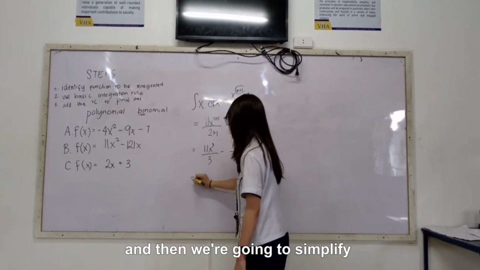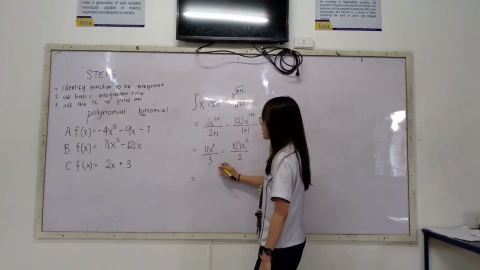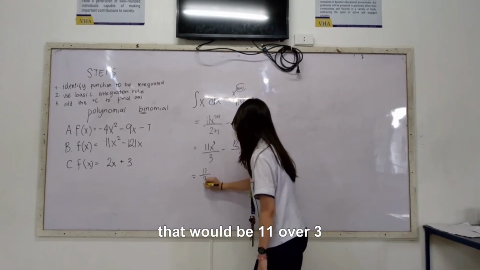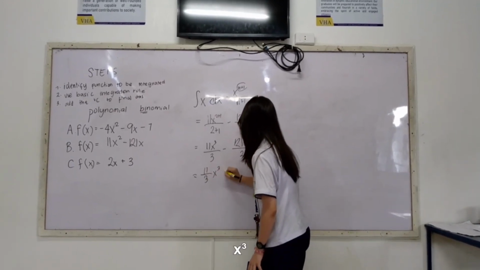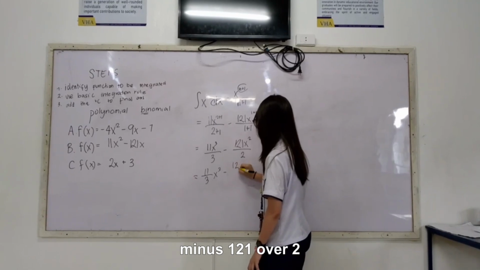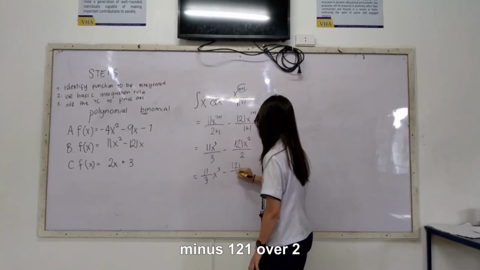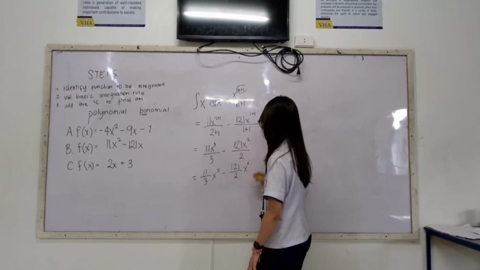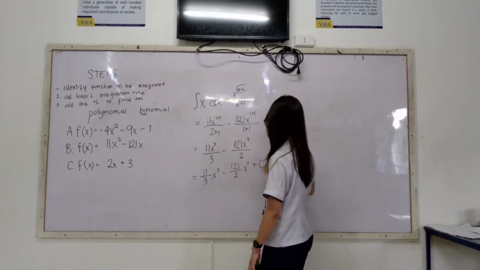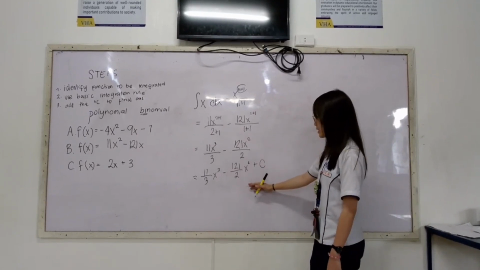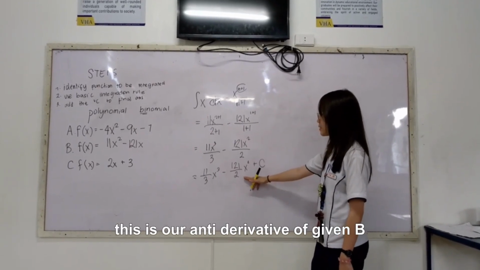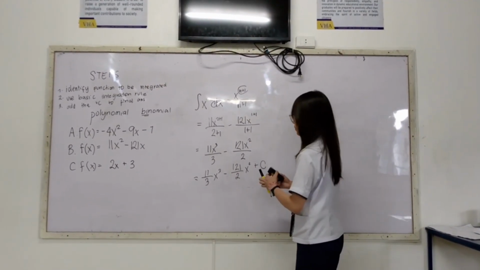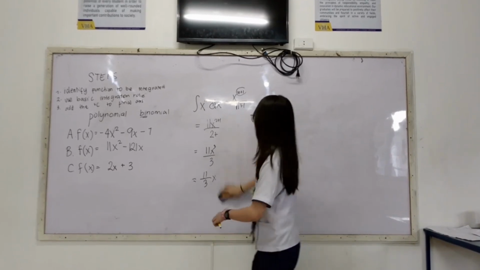And then we're going to simplify like what we did earlier. Separate the fraction and the exponent. That would be 11 over 3 x cubed minus 121 over the exponent, plus c. This is our antiderivative of given b. Okay na. Next.